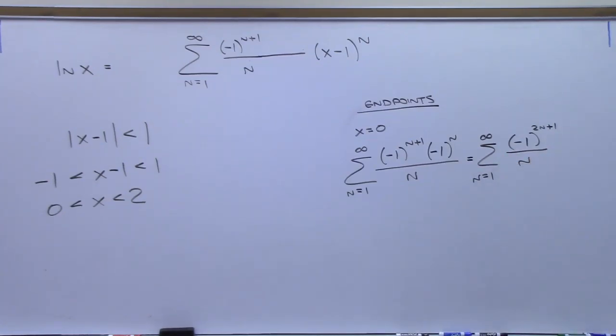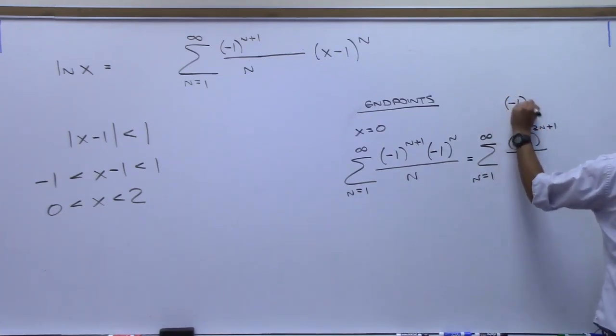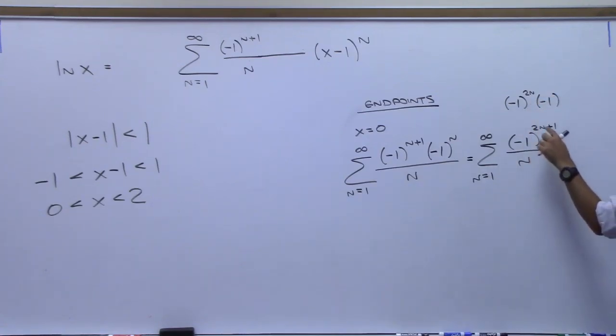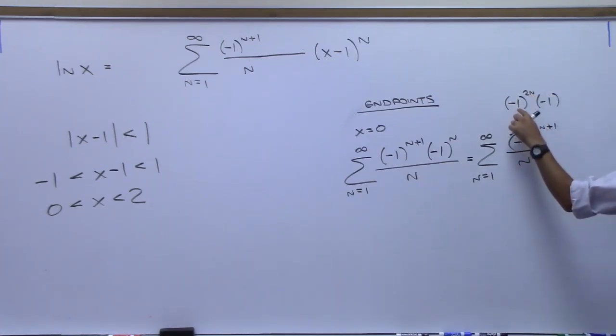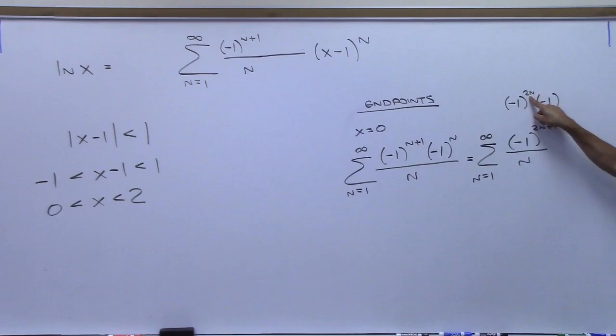Ooh, I don't like this. Oh, no, it's okay. Never mind. It's the same as negative 1 to the 2n times negative 1. Isn't that the same? And what's negative 1 to the 2n? 1, right? Look, that's an even number no matter what. So negative 1 to an even number is just 1.